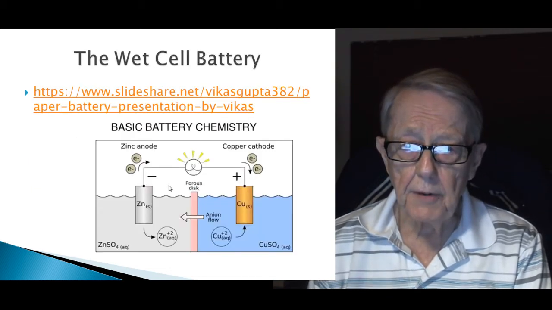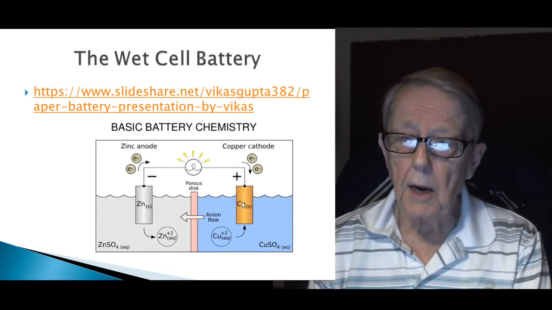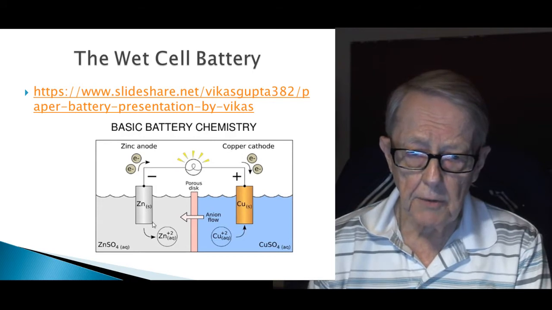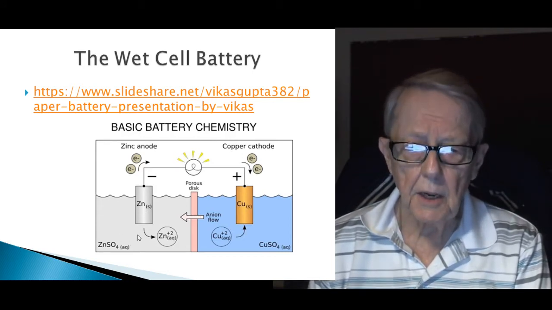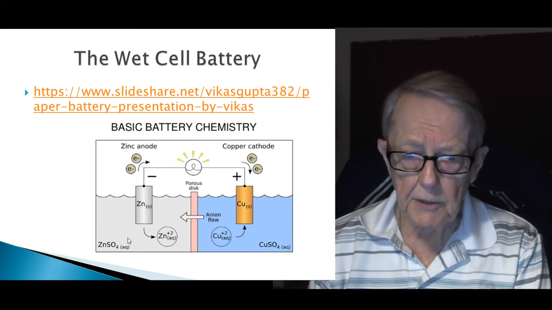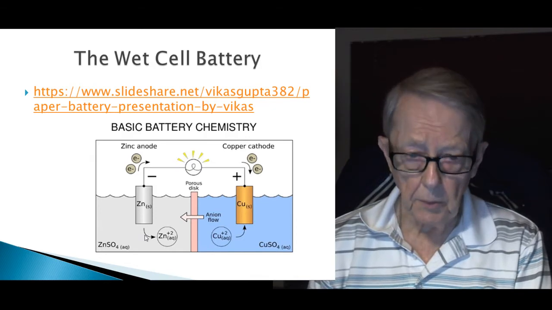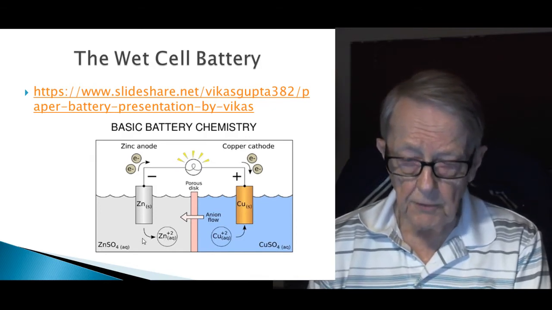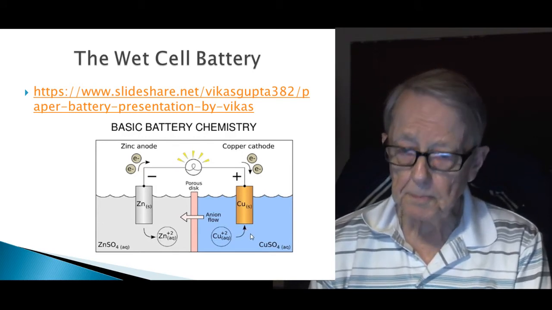So here you have an example of a wet cell battery made with a copper electrode and a zinc electrode. The electrolyte for the zinc is made with zinc sulfate dissolved in water, and immediately you release the zinc ion and sulfate ion, and you get the same thing with copper.